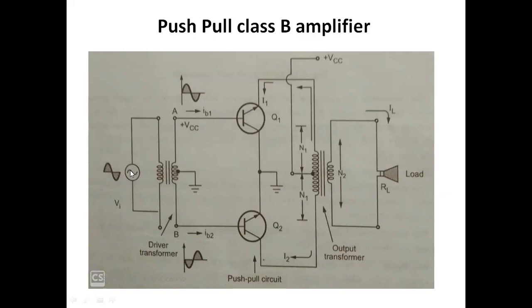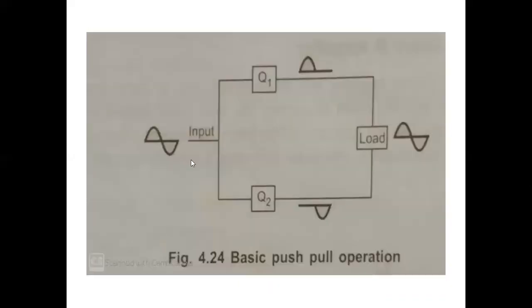If you are applying a sine wave like this, during the positive half cycle the positive half cycle appears at point A, but at point B it is shifted to negative because of the center tapped configuration.